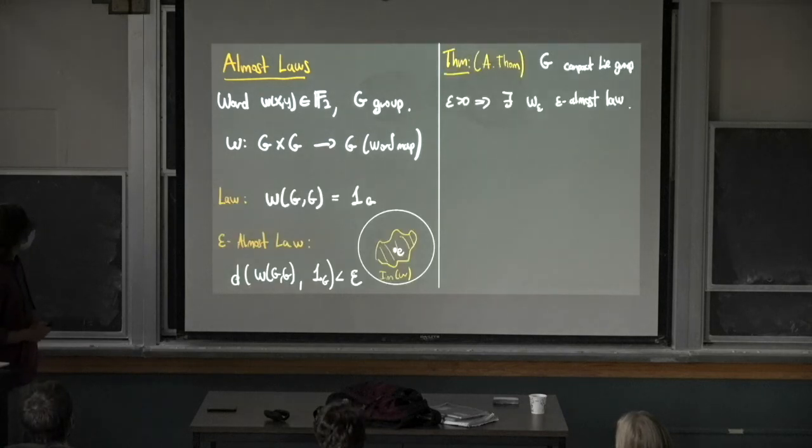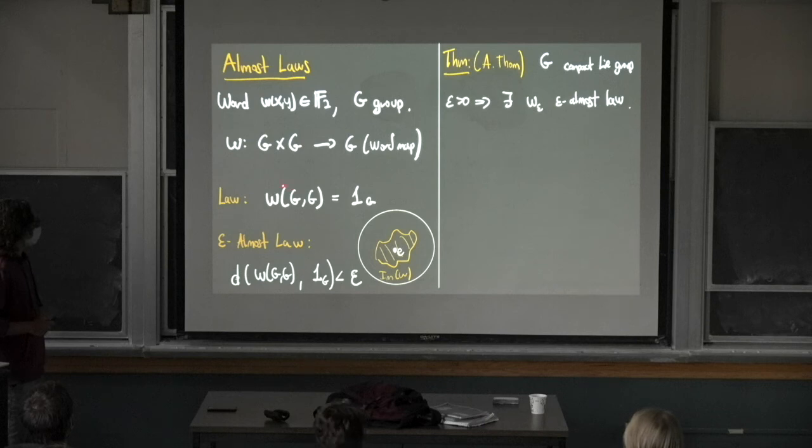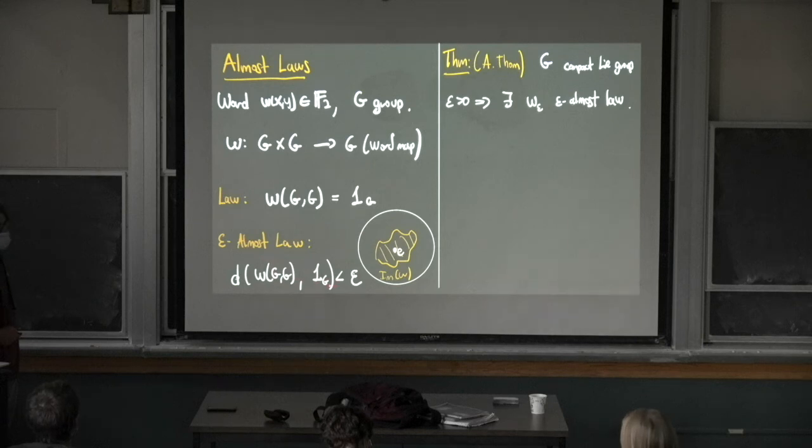A law is a word such that for all elements, when you plug them into the word, it gives you the identity. For an abelian group, a law would be x y x^-1 y^-1. An almost law is a word such that when you plug in any two elements of the group, you land very close to the identity.